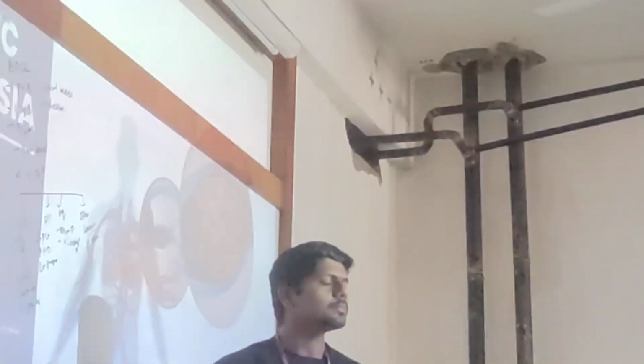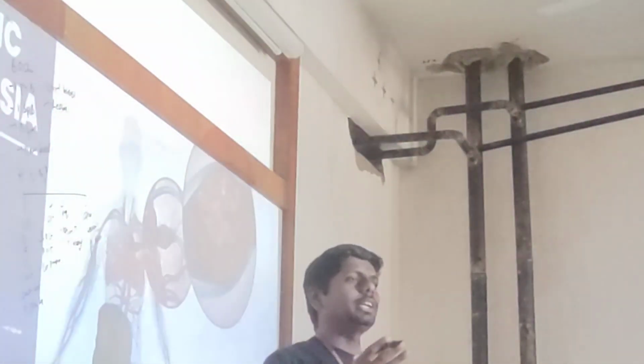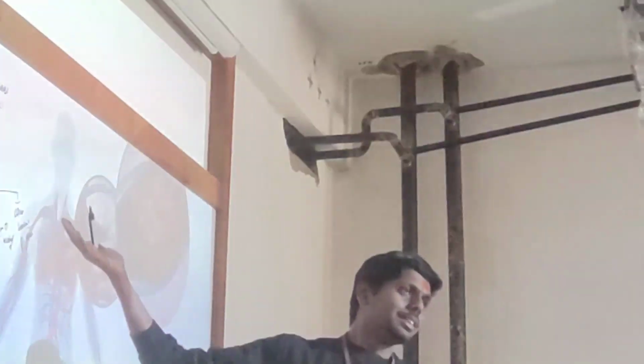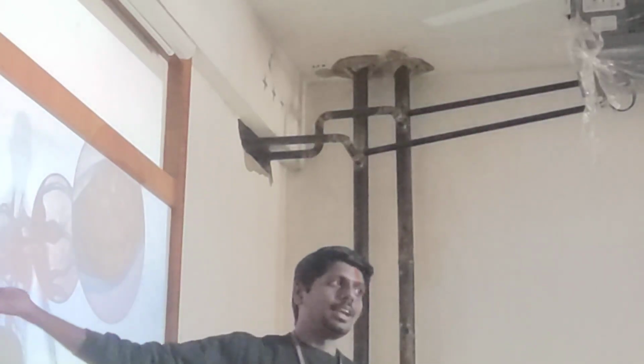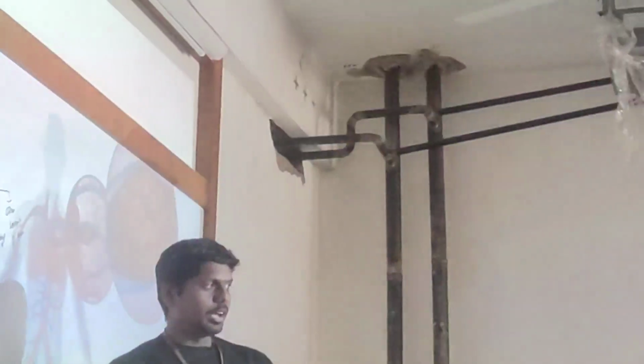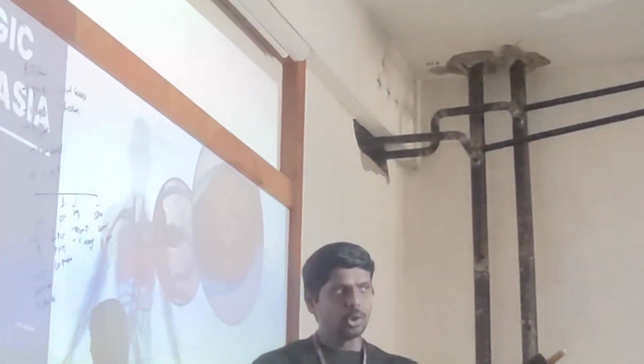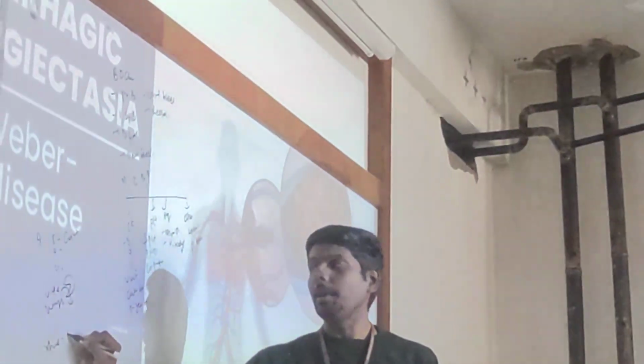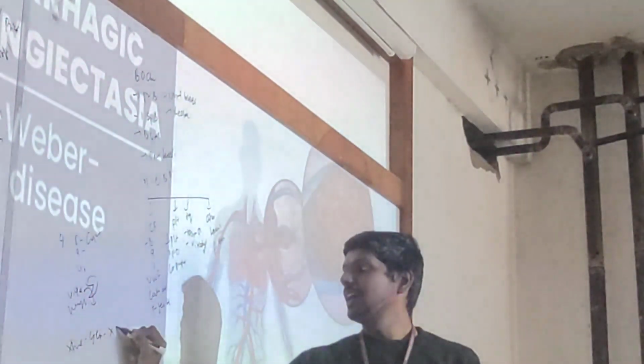Next question. Which clotting factors are deficient in hemophilia A and B? Clotting factors 8, 9 and 11. You already know. In hemophilia, I need to address a few more things. Hemophilia is what type of genetic disorder?